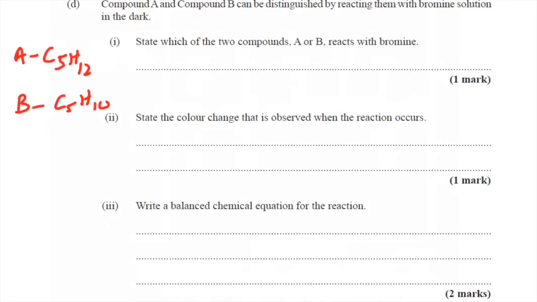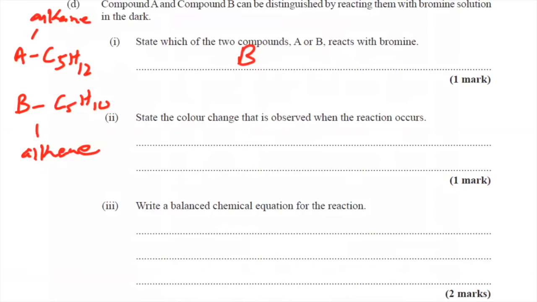All right, so A is an alkane. I mentioned that at the beginning. And B is an alkene. Now, the one that reacts with bromine solution in the dark would be the alkene, which is compound B.